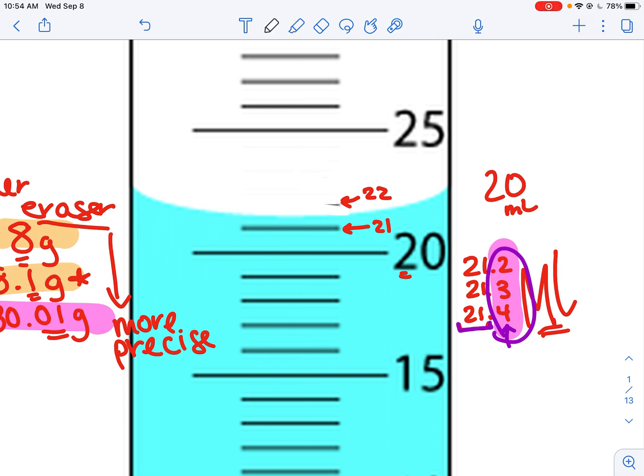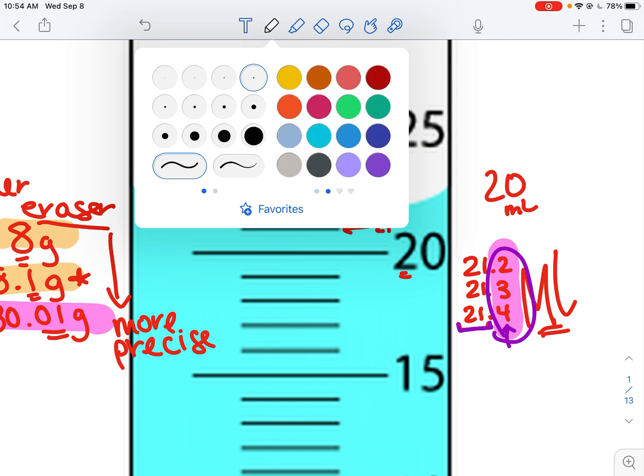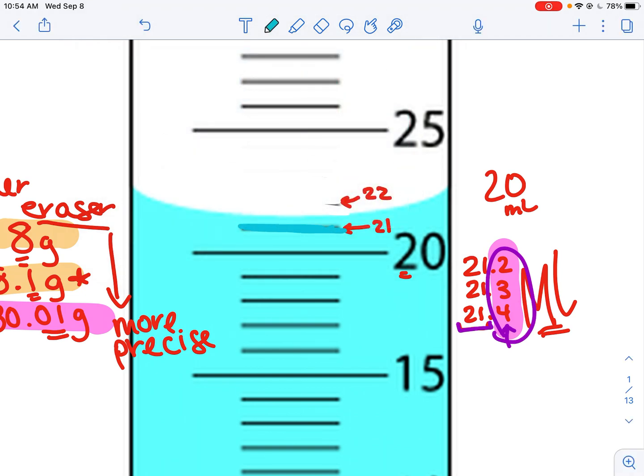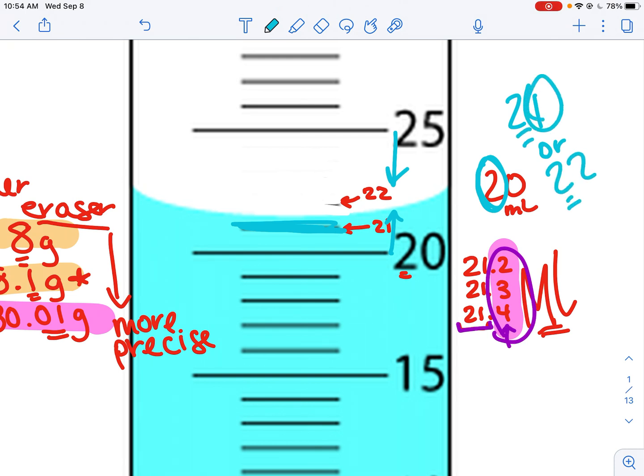Say there are no tick marks there, and instead this is all that you get. Would you know that that's 21.2? No. You're definitely certain it's more than 20 but less than 25. We would be certain of the 20, but if it's 21 or 22, I don't know. So I'm certain of the first 2, and the last digit is the one that I would estimate.